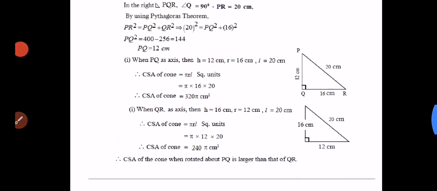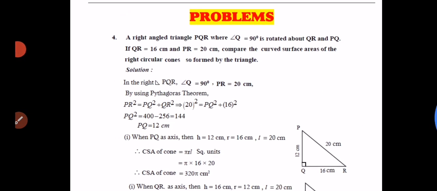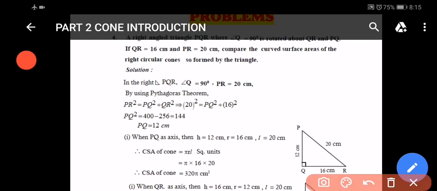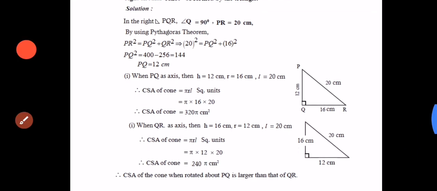So this is the first sum we discuss today. In the first model we just apply the formula, that's all. But in the question, two CSAs are asked. The first one we take PQ as axis and the second one we take QR as axis.